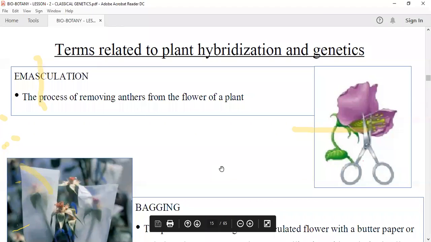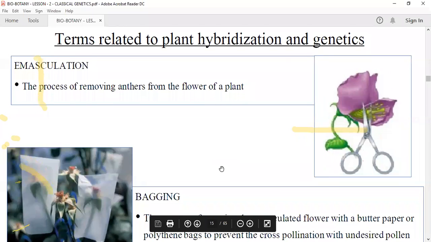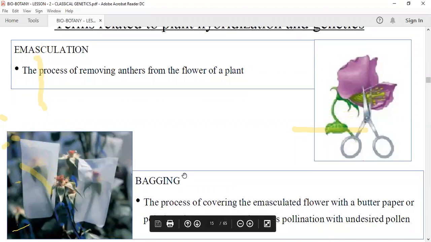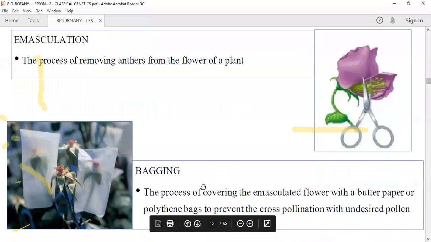After removing the anthers from the plant, next what we have to do is called bagging. This is the process of covering the emasculated flower, meaning the flower whose anthers are already removed, with a butter paper or polythene bag to prevent cross-pollination with undesired pollen.